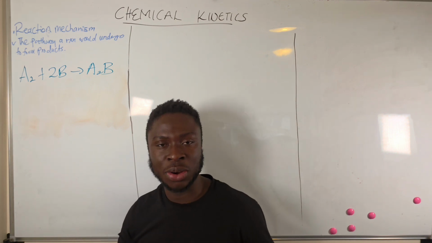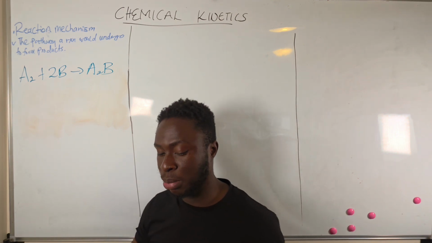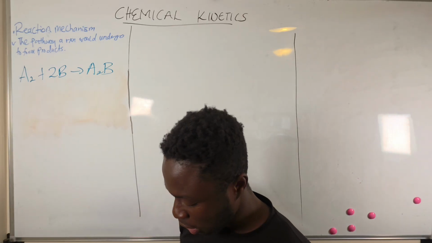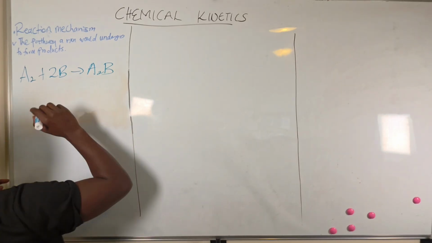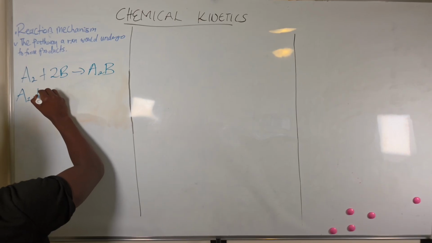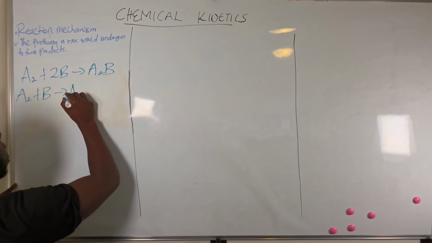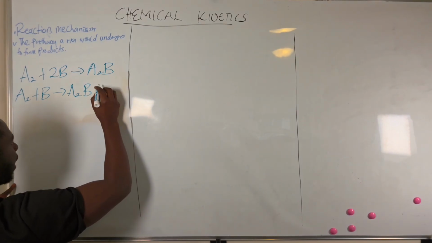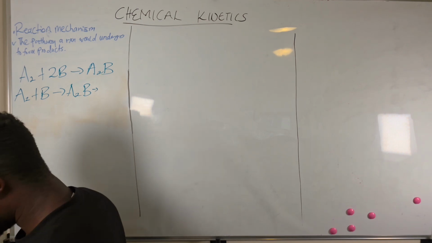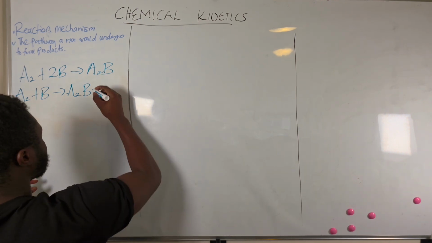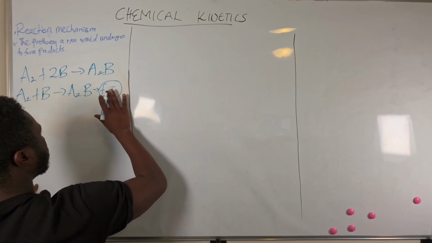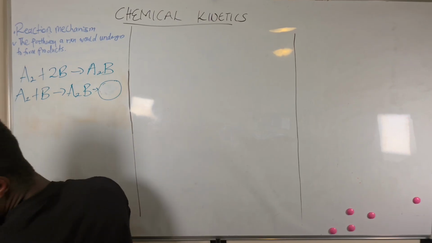Now, this reaction could have undergone two separate pathways, pathway 1 and pathway 2, combined to form this reaction. Pathway 1 could have been that the reaction first underwent A2 plus B to form A2B, and let me say this one is the slow one.